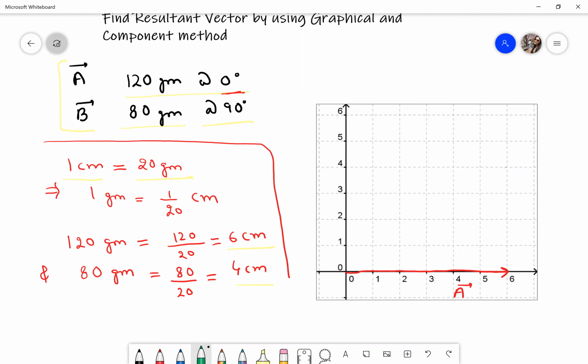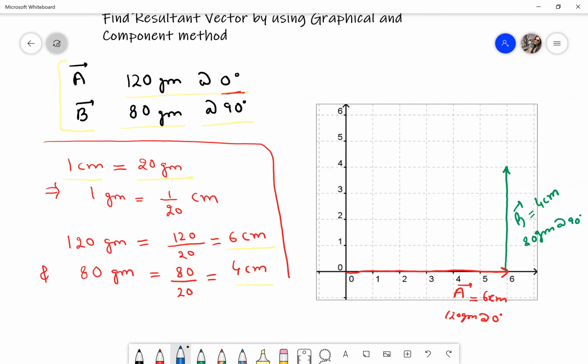Our second vector will come to this point on the graph, and you take this line and draw your vector B. This B is equal to 4 centimeter. The A vector is 6 centimeter, which is vector 120 gram at 0 degree, and this B vector is vector 80 gram at 90 degree. So we got both of our vectors.